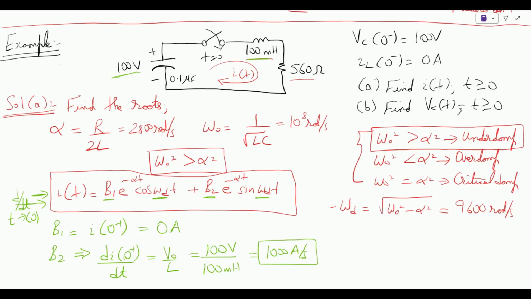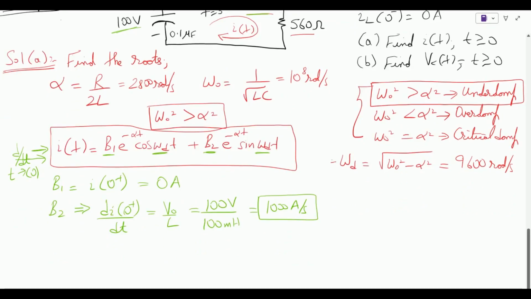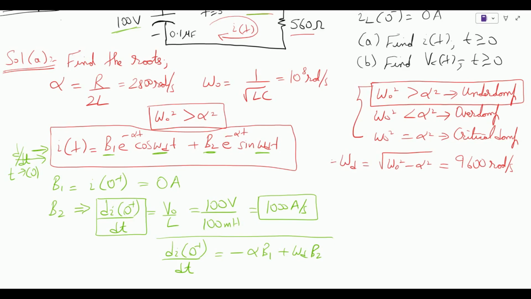This is the value from the initial voltage condition. Now in order to find B2, we use di(0+)/dt, the initial rate of change of current, which is equal to minus alpha B1 plus omega_d B2. This equation is going to give us the unknown B2.